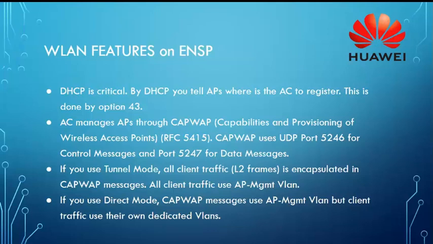So from the perspective of the switched network, you will see that, for example, the AP management is VLAN 100, but clients are using VLAN 10, VLAN 20, VLAN 30, etc. You will see all those VLANs in parallel.